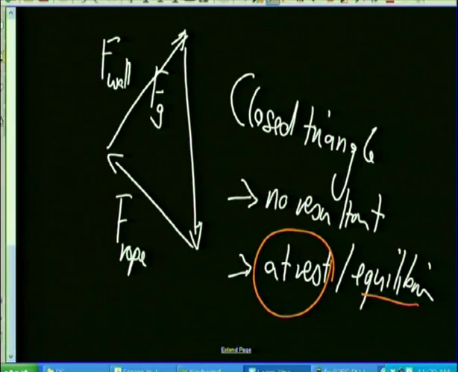It's not the only thing, we'll learn a bit more about that, but this object is in equilibrium, it's at rest, closed triangle. Bear that in mind. Make sure that you can do it. Have a look around you and look at different objects so that you can begin to identify, is there a resultant or is there no resultant? That's really important. Have a look in your everyday life situation and I'm sure you'll come to different conclusions as well.